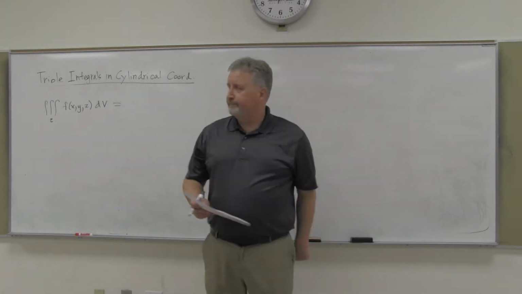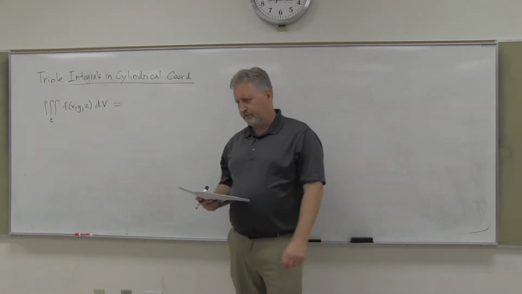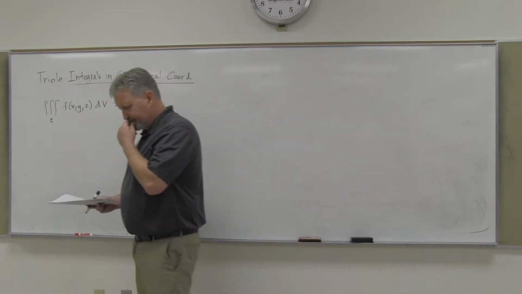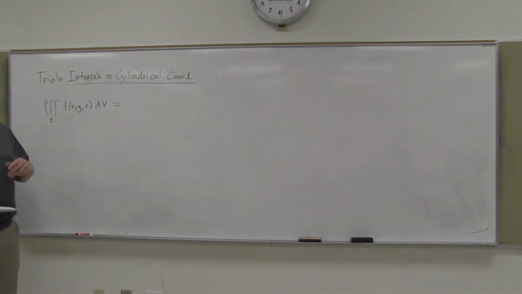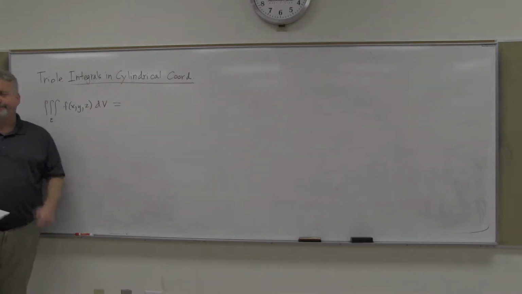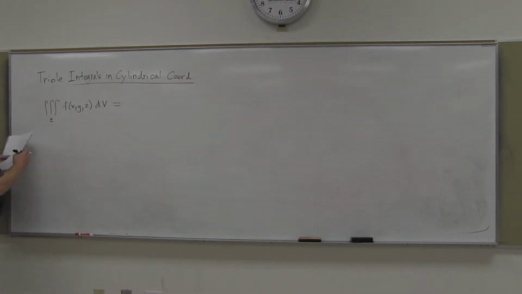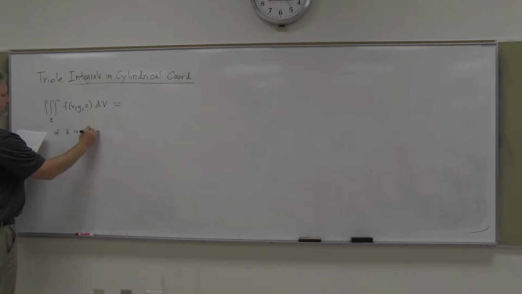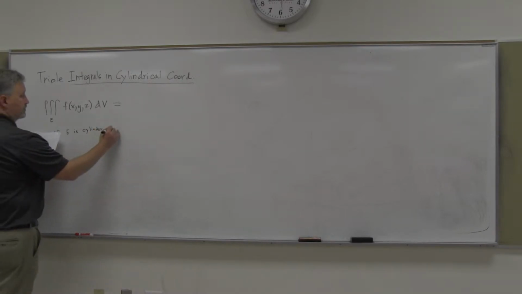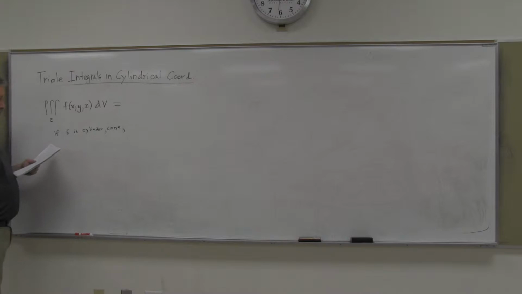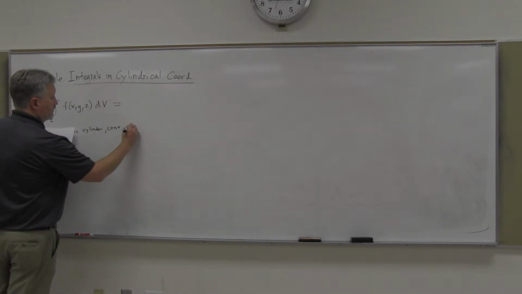All right, so triple integrals, cylindrical coordinates. If we have just a basic triple integral, and it turns out what we're integrating over is a cylinder or a cone or paraboloid, three-dimensional parabola.